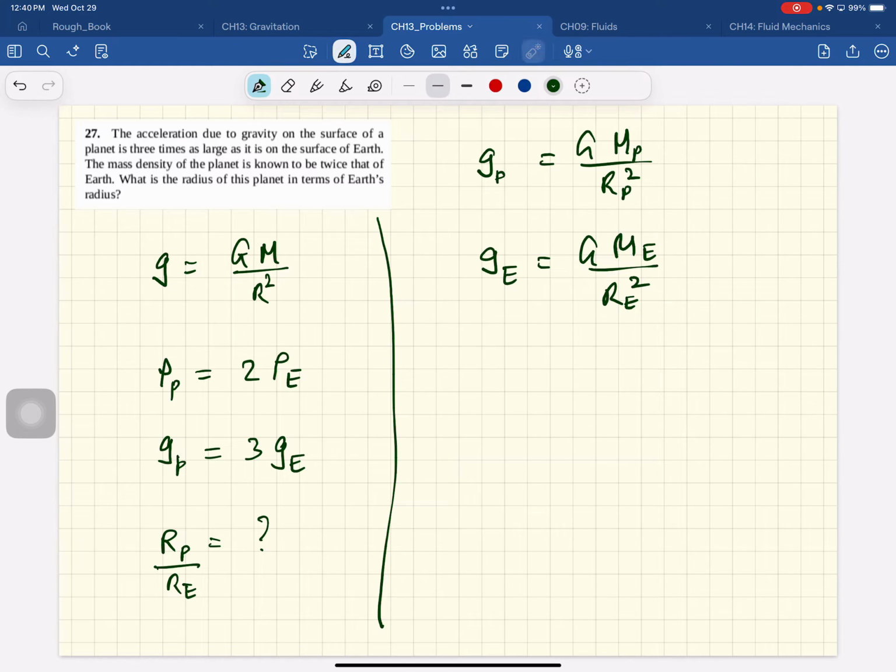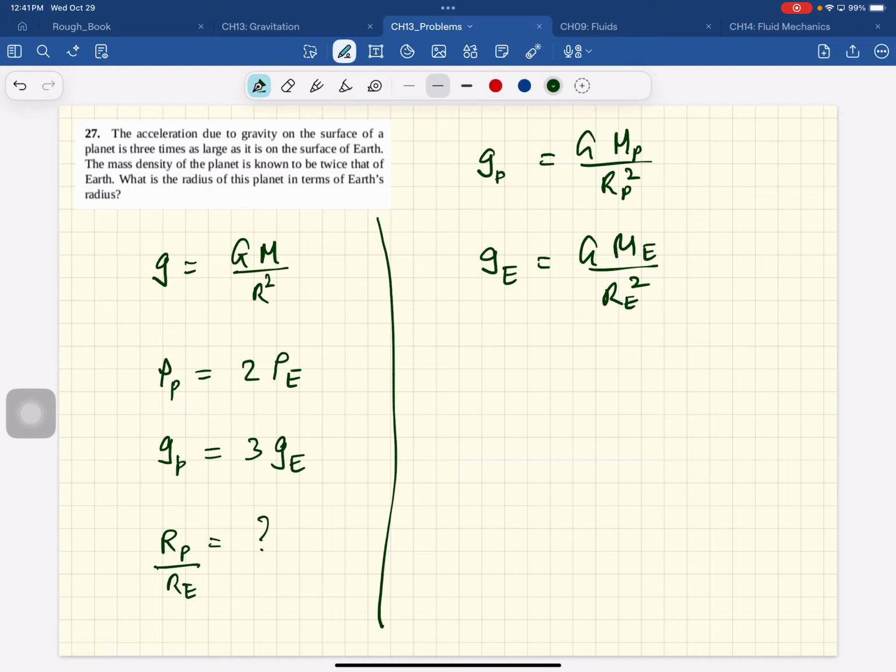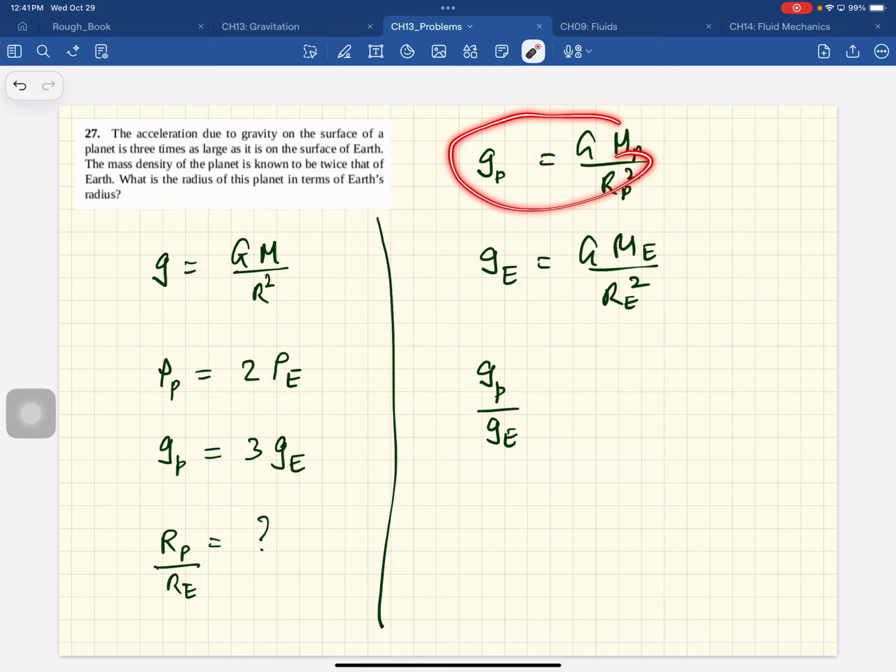So they gave us these two facts. They gave us two equations because we don't know two things: the mass of the planet and the radius of the planet. That's why they had to give us those two things. So g planet divided by g Earth, I'm going to take this and divide by this.